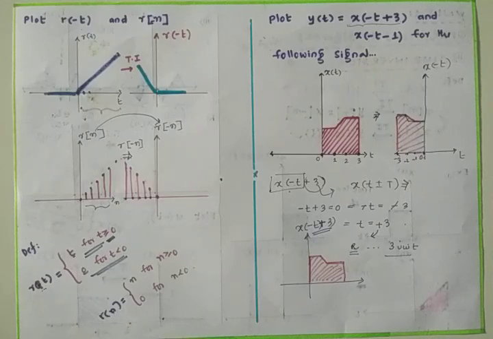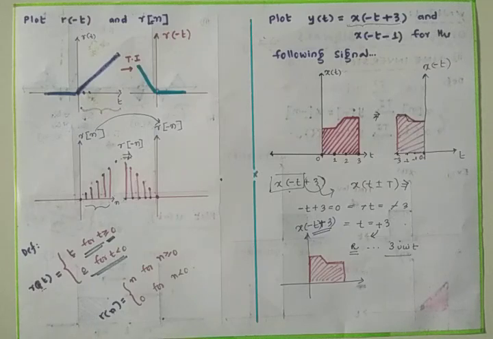If you remember this point, it is very, very simple to draw any signal. If you have a question that is a combination of time reversal and shifting, first you have to apply the time reversal operation. After that you have to apply the time shifting operation to get the 100% correct signal.